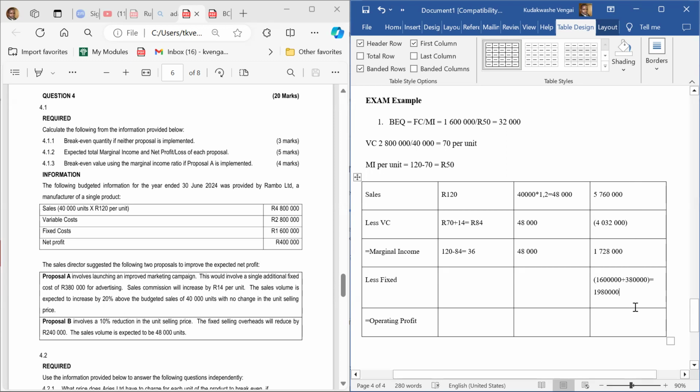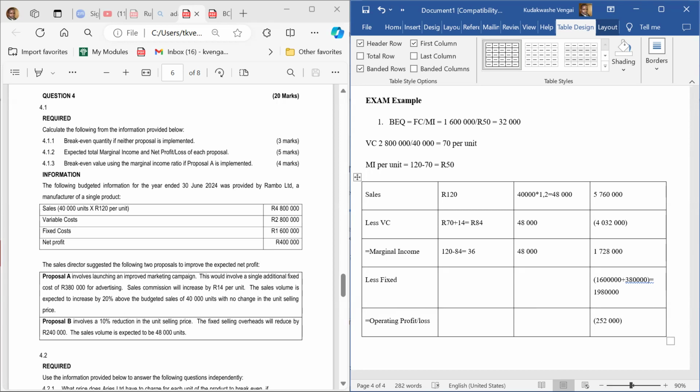And then we subtract that from the marginal income. And we make a loss. So in short, proposal number A is we are going to make an operating loss of 200 and what? 252,000. Did I lose anyone?